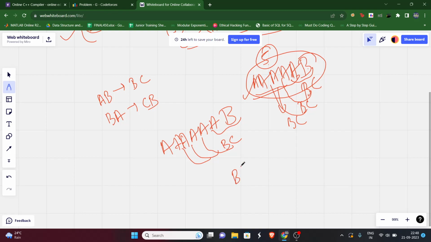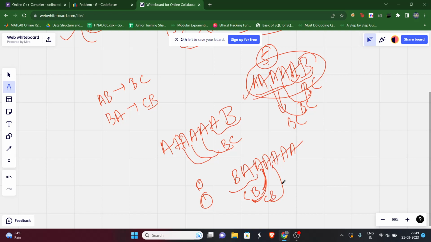Now let's consider a scenario where there is B first and then A. Can we replace this BA with CB? Yes, and once we replace it, we get one coin. Then we can take this B and the next A, which again becomes BA, replace it with CB, and we get one more coin.